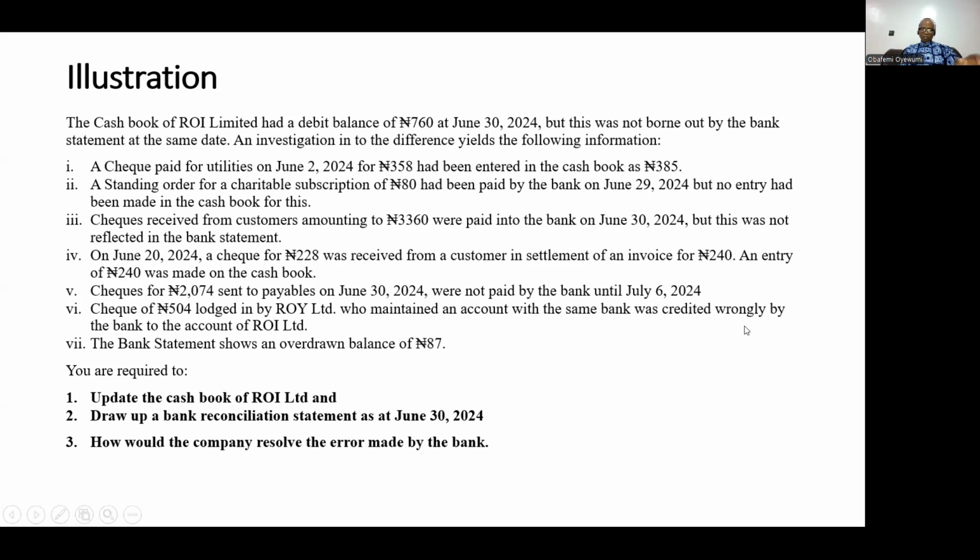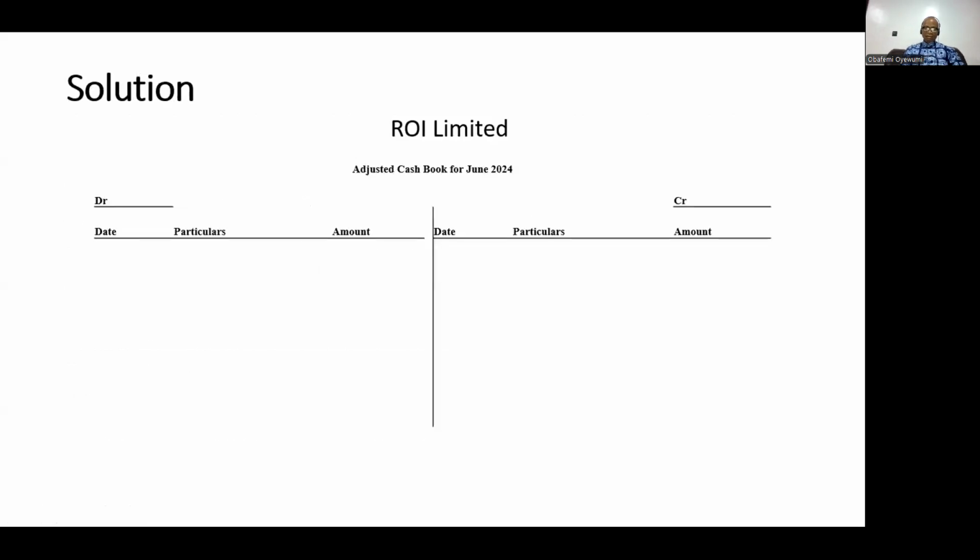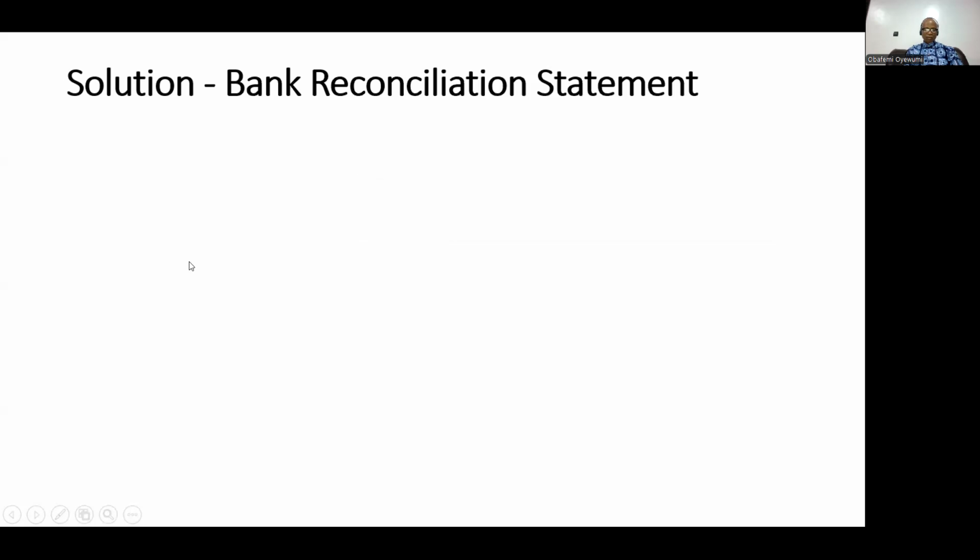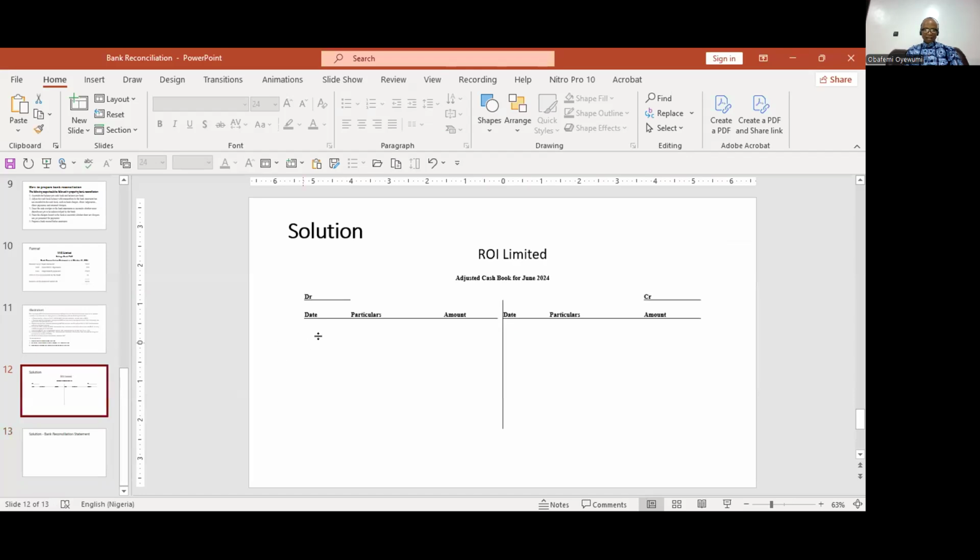The first thing to do is to update your cash book balance, the cash book of ROI Limited. So let's go and see how that is to be done. We have ROI Limited, adjusted cash book. This is the debit side and this is the credit side. First and foremost, we look at what we have.